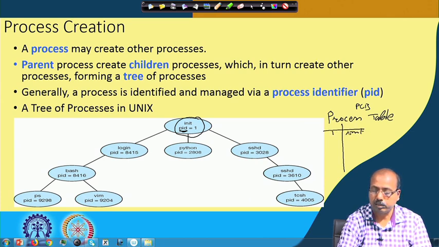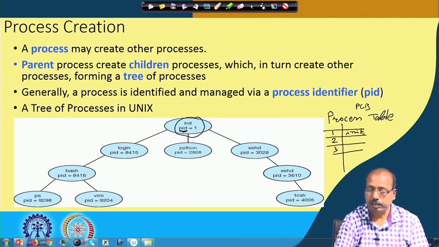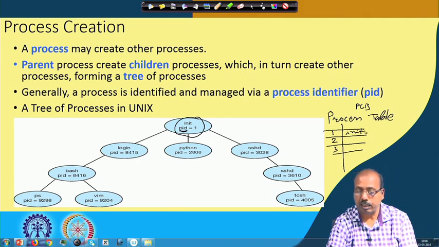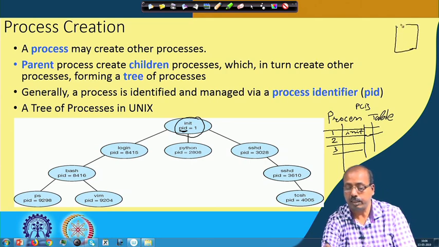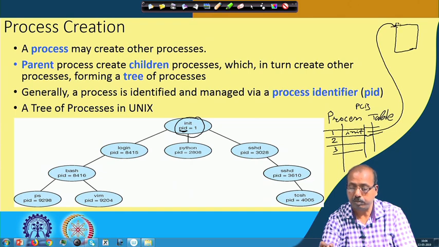As more and more processes are created, they are allocated some slot from this process table. In this process table, one part is the name of the process and the other part is the pointer to the PCB. So if this is the PCB for the first process, then this entry will have a pointer to this PCB.